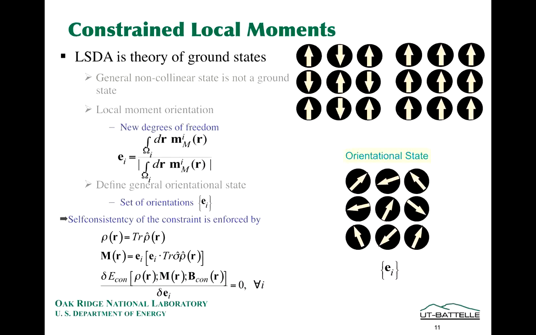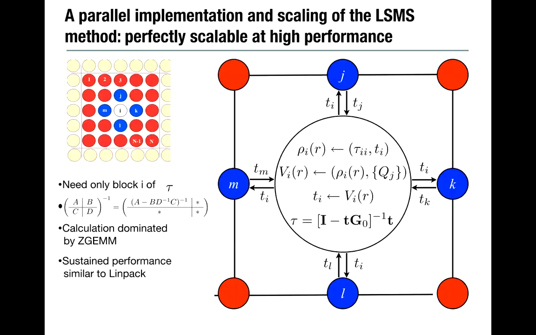But to do this, you now have to sample over many, many different configurations. So you have to basically pick all possible directions every moment on any atomic site can point at, and sum them up. We can calculate those, and our code is very efficiently parallelized to deal with a large system of atoms.